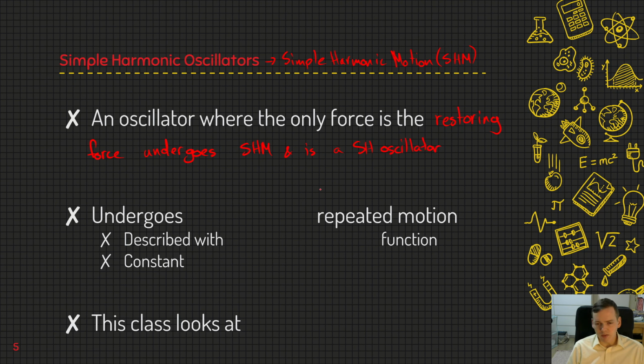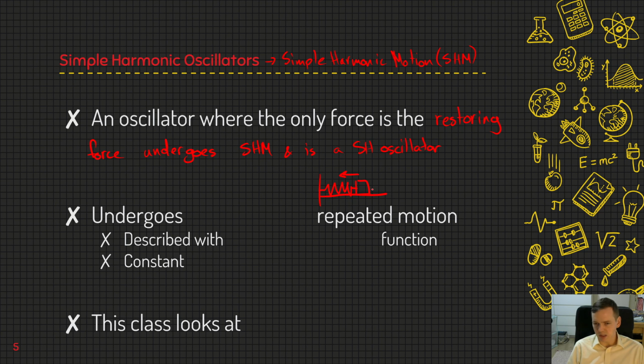So I'll give you two examples here so you can see the difference. Imagine we've got that spring and it's attached to a block and it's on the floor. If I push this spring in, you'd expect it to be pushing back, then I release it and it's going to vibrate back and forth. If the floor is frictionless, then the only force acting on this block in the direction of its motion is that spring force.